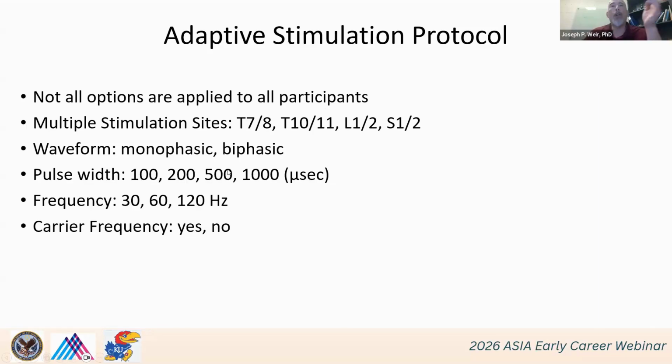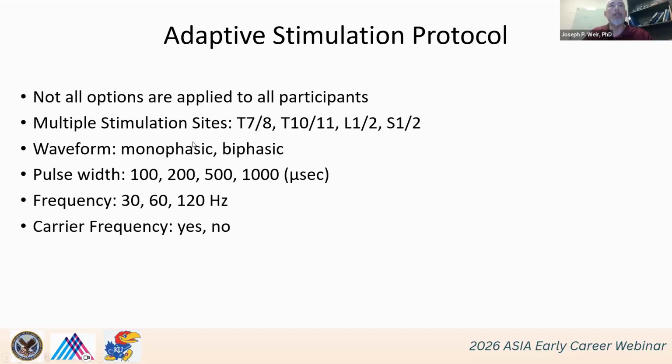And as it turns out, we are not trying all these possible combinations with each person. So there's this adaptive protocol. When the participant comes in, as I understand what's happening in the data collection, certain settings were tried, but based upon the response of the participant, that led to the next decision in terms of what stimulus parameter was being assessed.